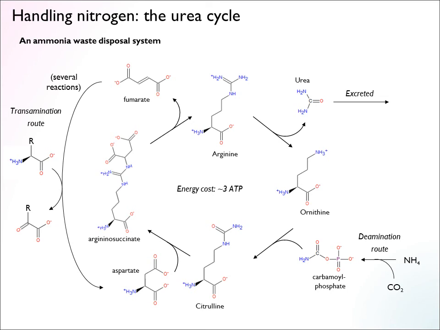The second route is sometimes called the deamination route. If you have free ammonia in the cell, which you get from some reactions, there is a mitochondrial enzyme that can capture this and fuse it with carbon dioxide, carboxylating the ammonia. And it adds on a phosphate as well, and you get a metabolite called carbamyl phosphate.